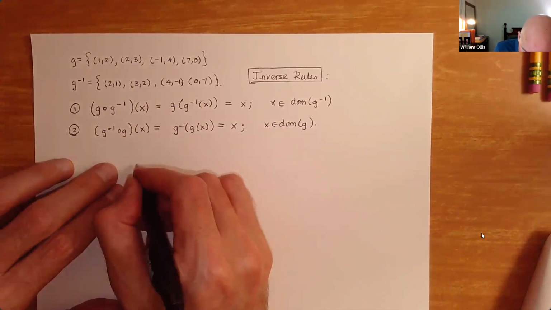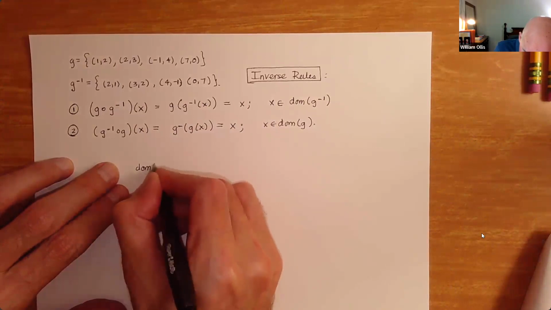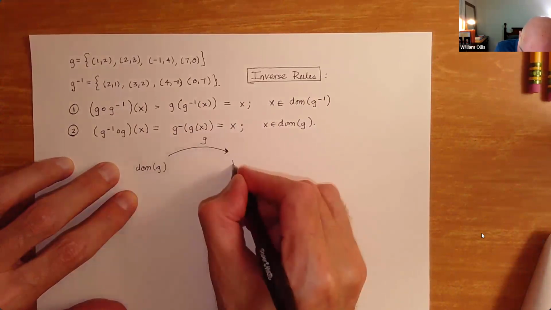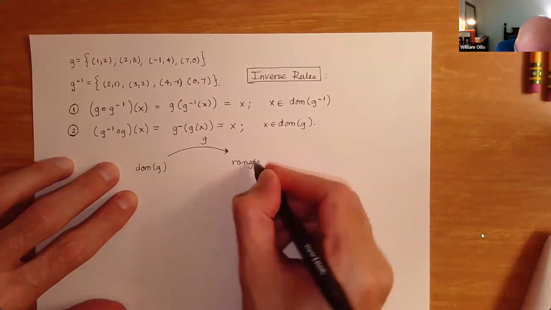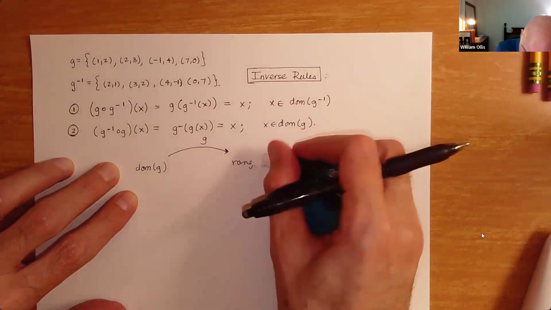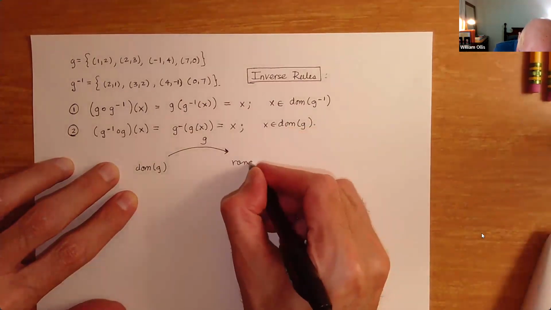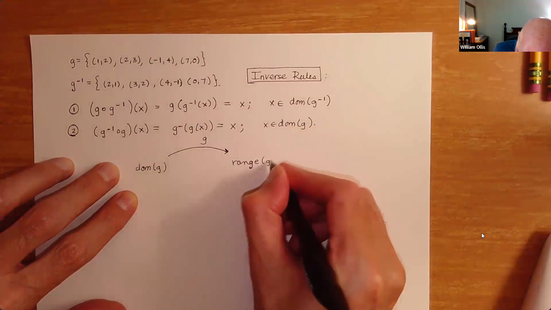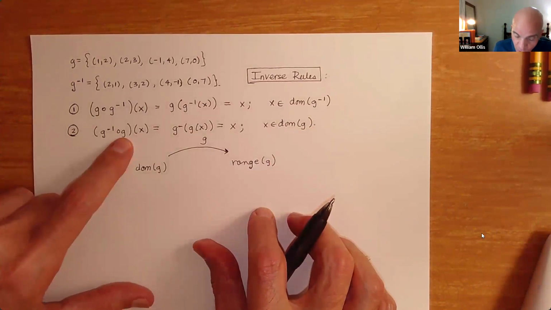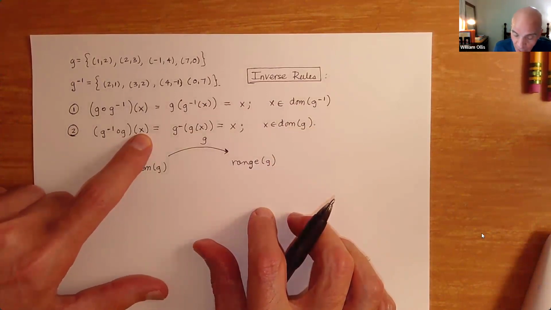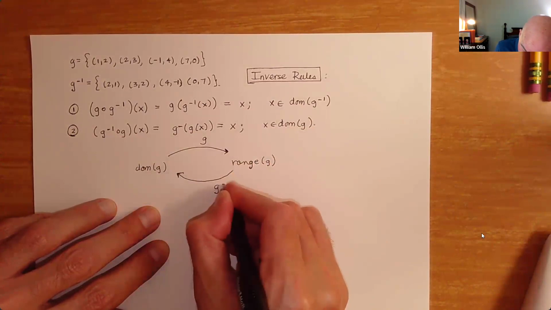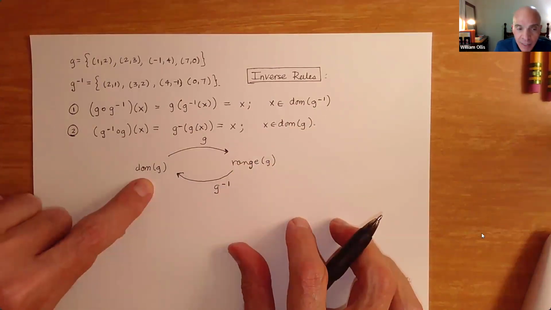If you start in the domain of G and map via G into its range, you're basically doing what we do here. That is, we're starting in the domain of G and we're mapping to the range. And then, of course, the reverse path, the way we've defined G inverse, will take you right back to where you started.